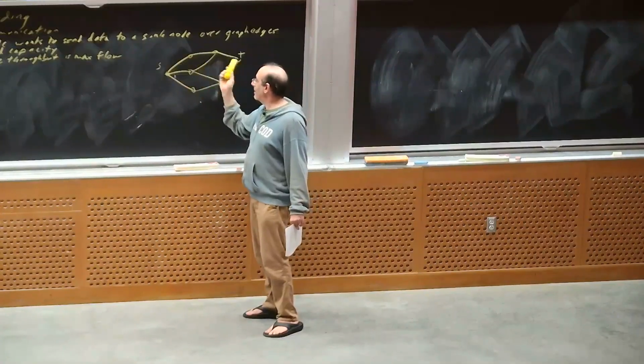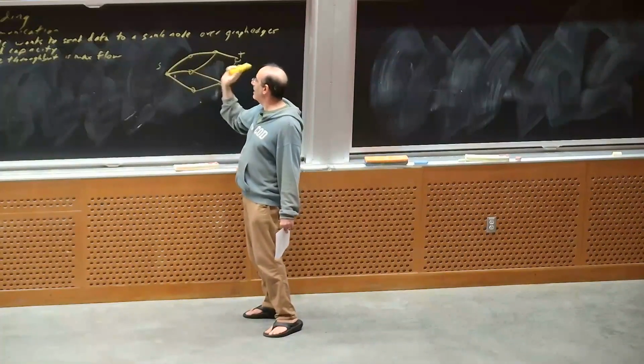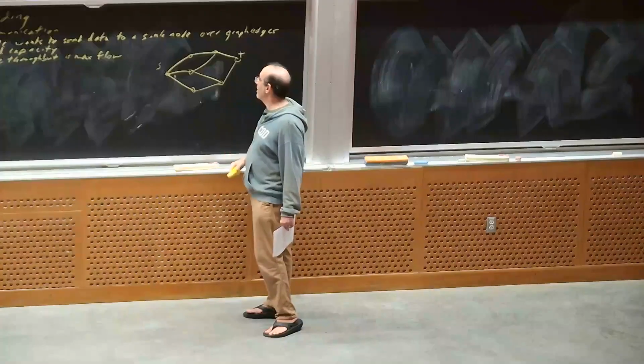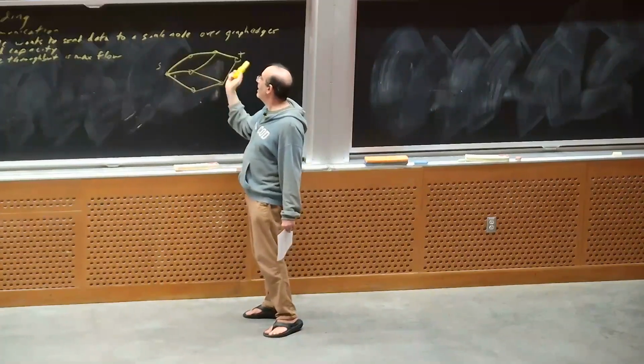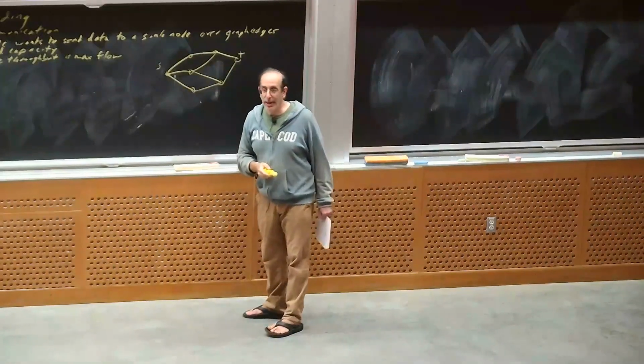That means that the ST min cut / max flow determines the number of disjoint paths that I can have, and therefore determines the throughput that I can achieve.